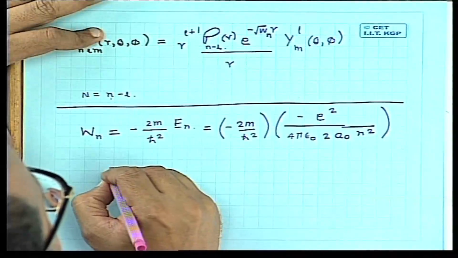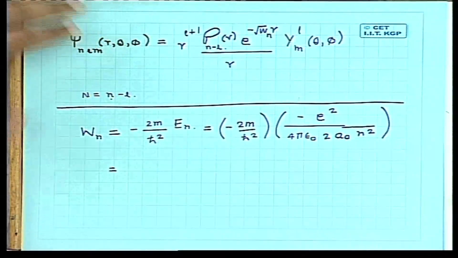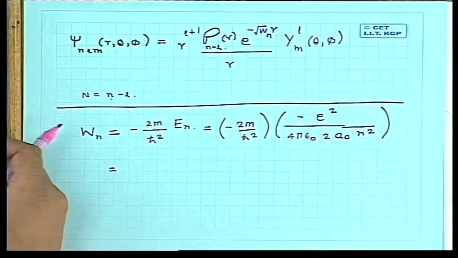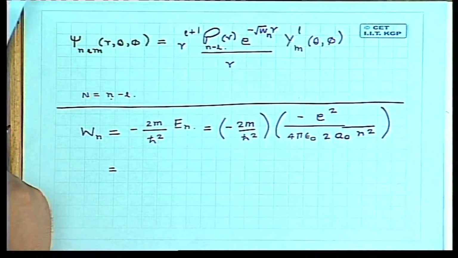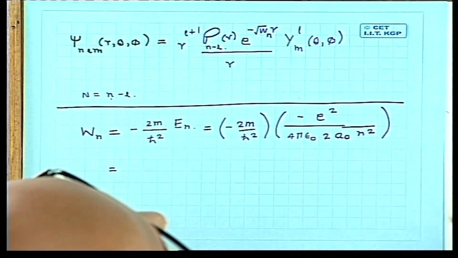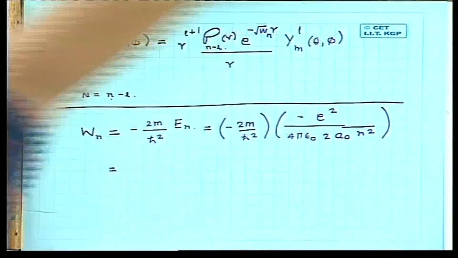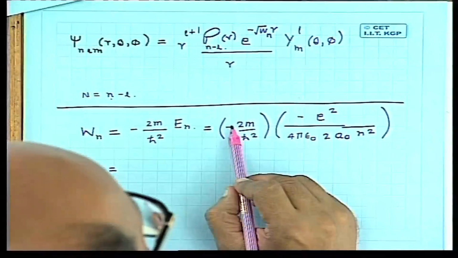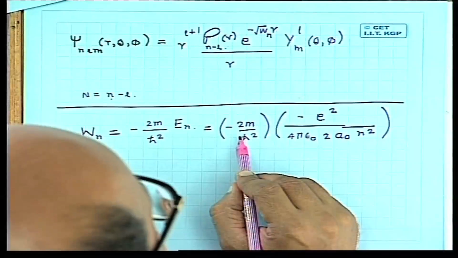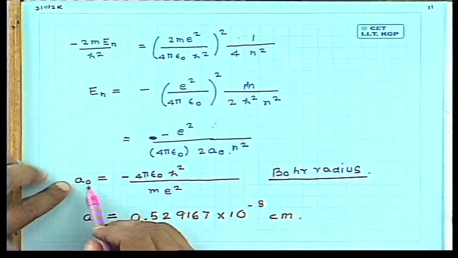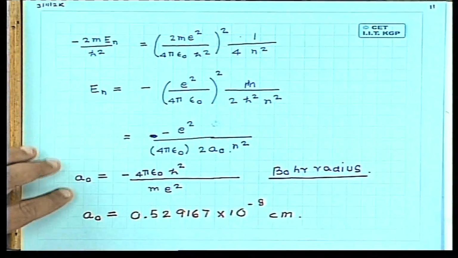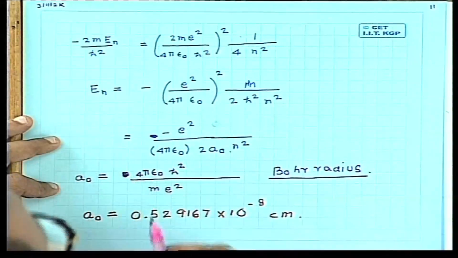And what does this give us? Let us put it all together now. So we have 2m e squared by h cross squared 4 pi epsilon naught. Now let us look at the definition of the Bohr radius. Sorry, there should not be a minus sign here.